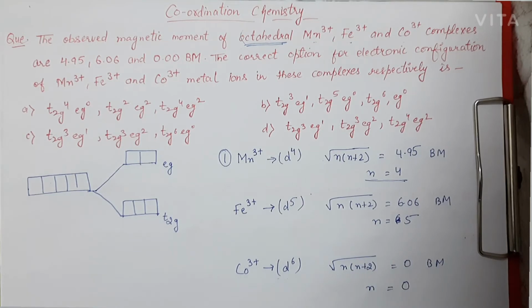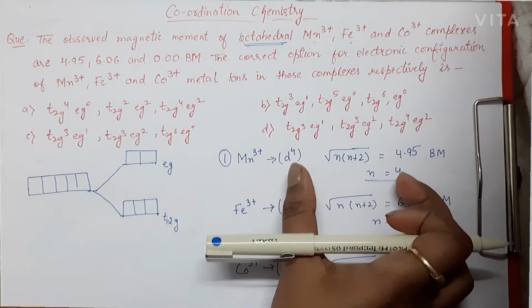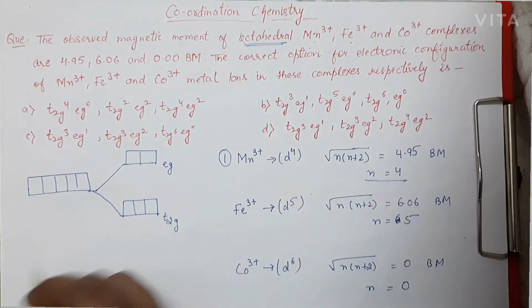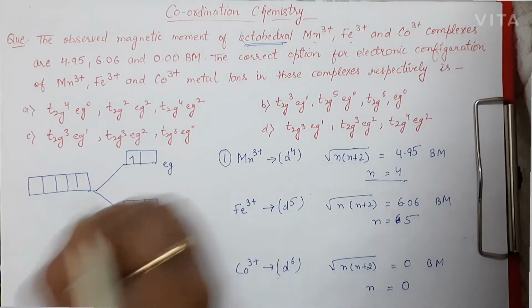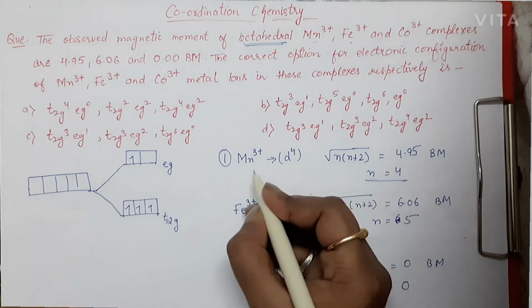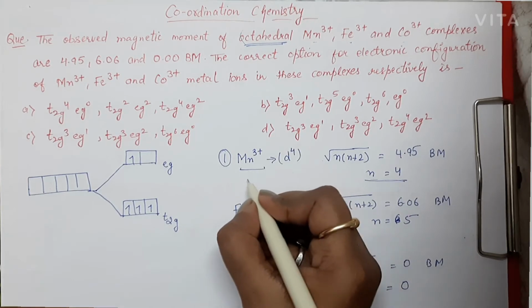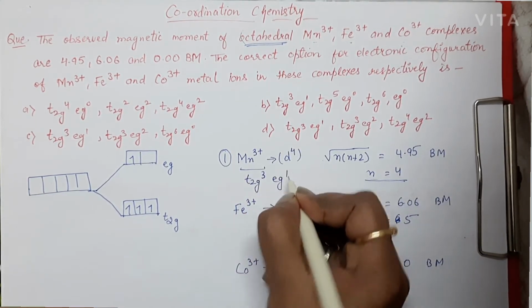In order to have 4 unpaired electrons with d4 configuration, the filling will be like this, right? t2g3 eg1. This way we will get 4 unpaired electrons. So in case of Mn3+, we will have configuration t2g3 eg1.